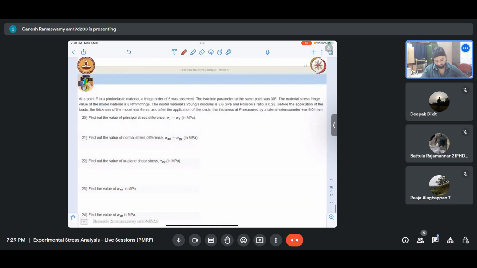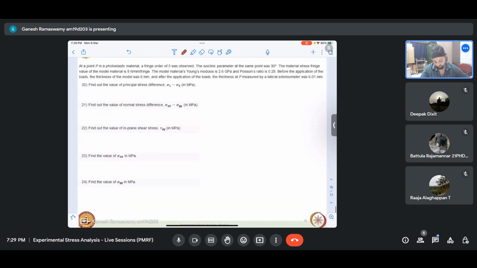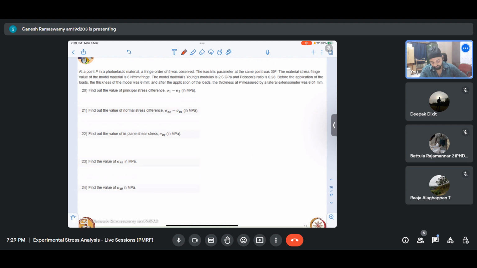Okay, so let us look at this question. At a point P in a photoelastic material, the fringe order observed was 5. So n is 5 at point P. The isoclinic parameter at that same point is 30 degrees. So theta at that point P is given to be 30 degrees.